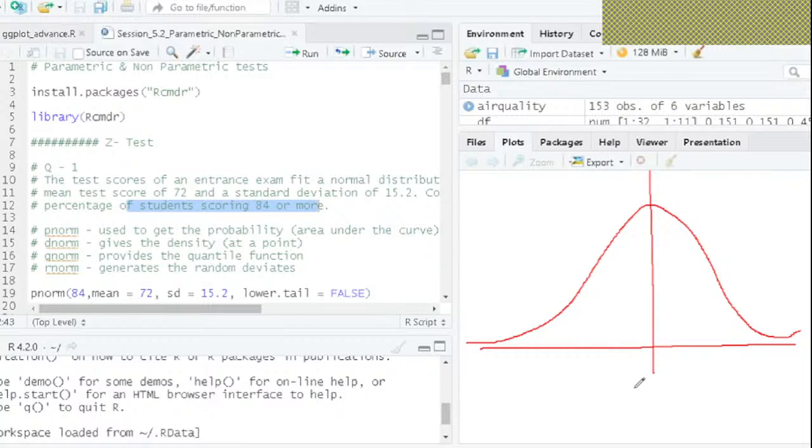72. Idris, why 15.2? This is the position of the mean. 15.2 is not the mean, it is the standard deviation. Okay?